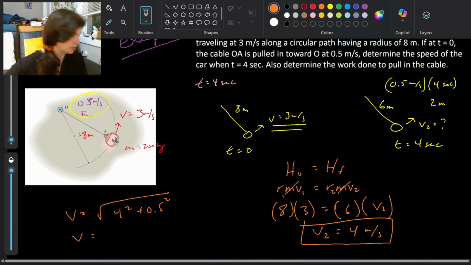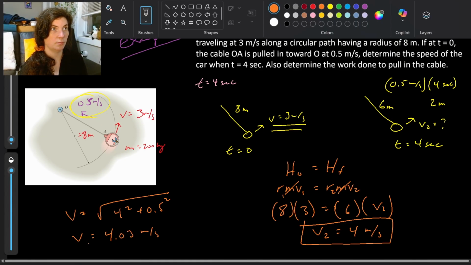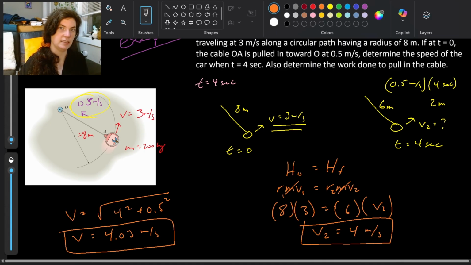The square root of 16.25 is going to give us 4.03 meters per second, or the overall speed at t equals 4. So it depends on which one they're asking you for. This one is your tangential that we found, and this one is your overall speed.